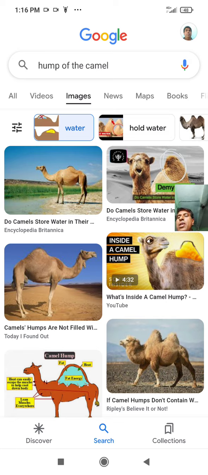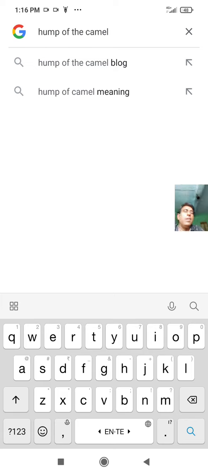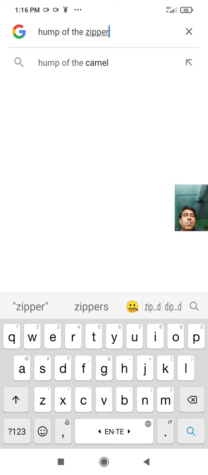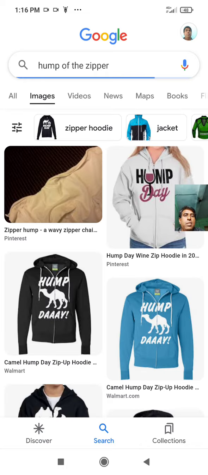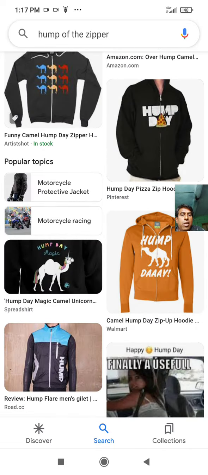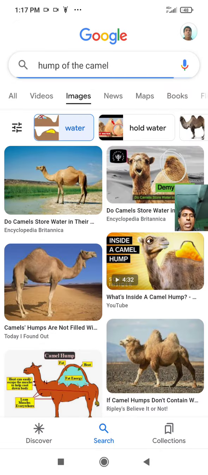Similarly, a hump of the zipper. Please understand this. Hump means some kind of raised portion, as they are showing. You might have understood the meaning of hump.